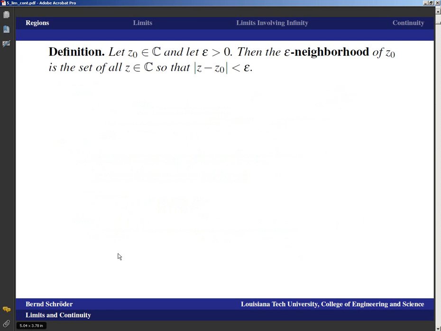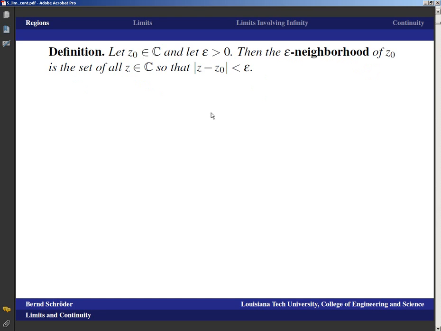The main underlying definition, which we're going to talk about repeatedly, explicitly as well as implicitly, is the following. If you take a complex number z0 and you let epsilon be greater than 0, then the epsilon neighborhood of the point z0 is the set of all complex numbers z such that the absolute value of z minus z0 is smaller than epsilon.